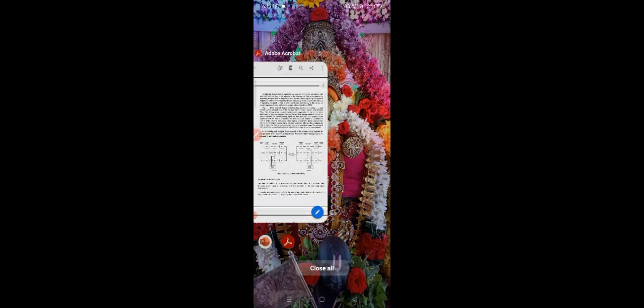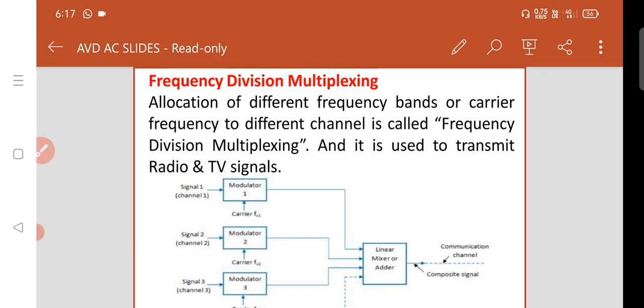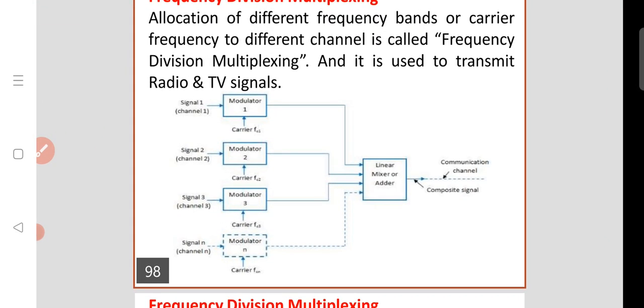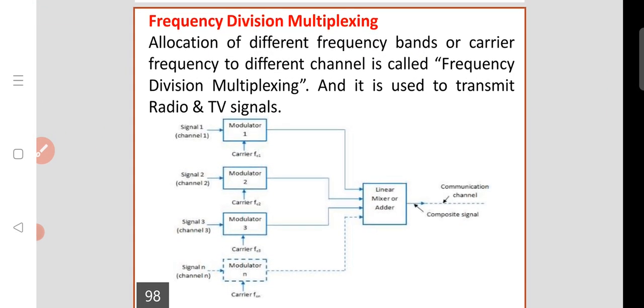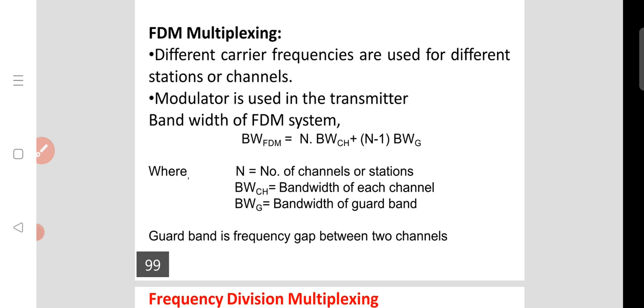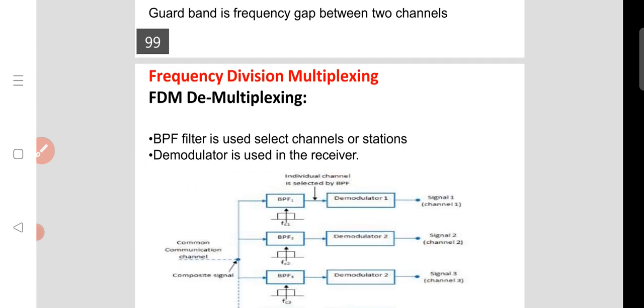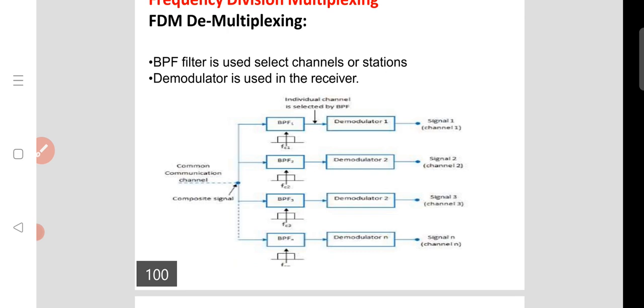Here is another representation, the FDM demultiplexer. Here we observe the common communication channel, the composite signal fed to BPF1, BPF2, BPF3.